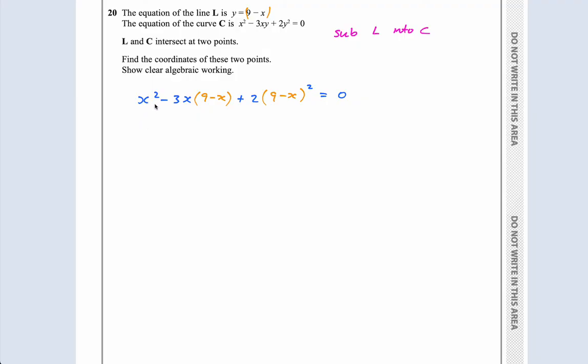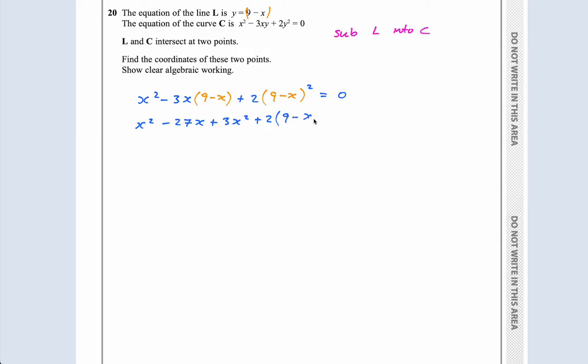So look, you have your x squared minus 3xy plus 2y squared. So that's the first bit, and then we have to multiply all this out, and obviously it's difficult algebra. Minus 3x times 9 is minus 27x. Minus times minus is plus 3x squared plus 2 times. Now this, guys, we're going to do separately.